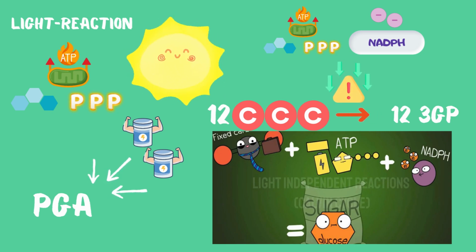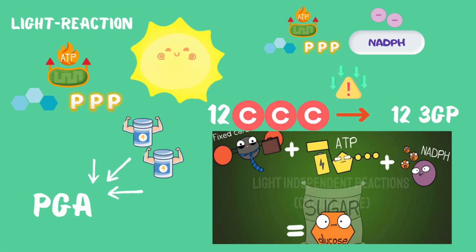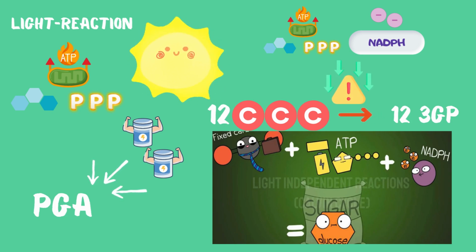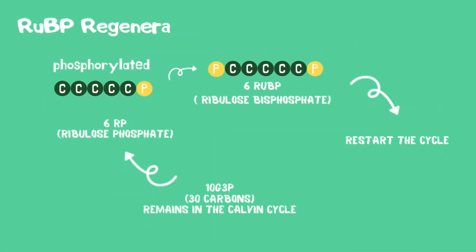ATP and NADPH are used to reduce 12 molecules of PGA into 12 molecules of glyceraldehyde triphosphate. 2 molecules of glyceraldehyde triphosphate lead to the formation of glucose. The ATP and NADPH that were used lost energy, which resulted in both of them converting into ADP and NADP+ to be reused and re-energized.